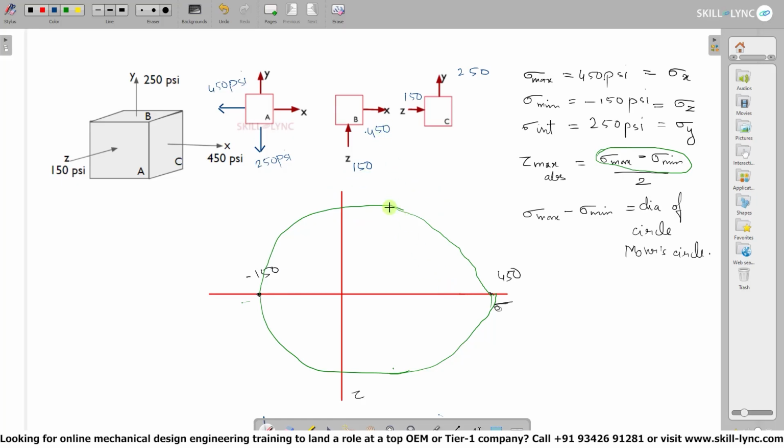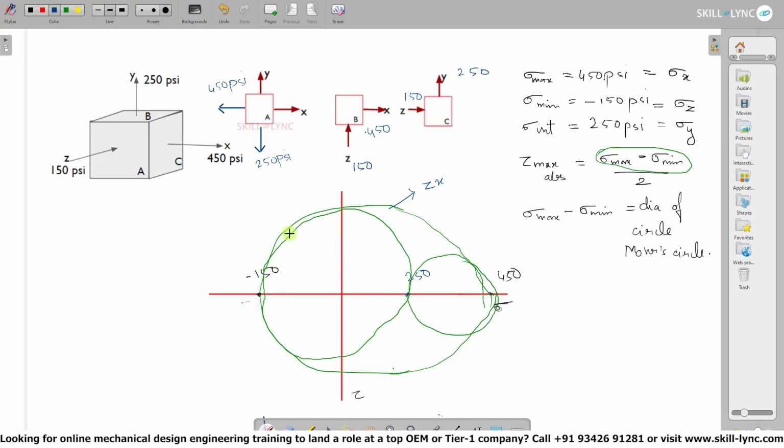So let us call this the zx circle. The next point which we'll have to take care of is the intermediate point, which is 250. So we'll plot that point somewhere here. This will be our intermediate point. And as for the intermediate point, this will be the smaller circle, and this will be the intermediate circle.